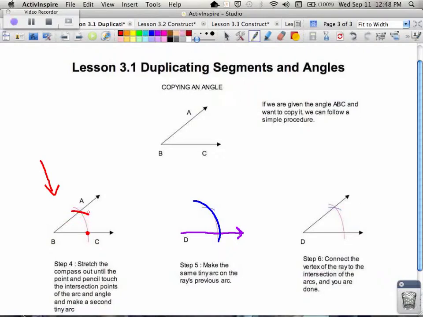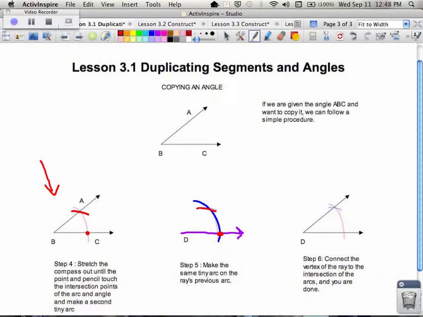Do the same thing on the ray that you actually drew, the ray that started with the letter D. So after you've made this marking, place your compass point on the bottom where the ray is intersecting the arc. Your compass is still stretched out the exact same amount, and make that arc.